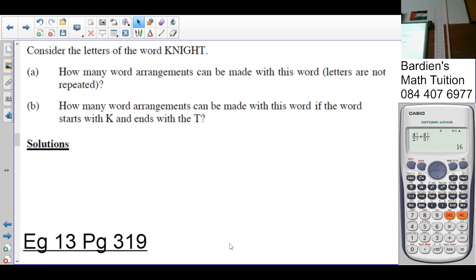Knight in shining armor, no? Right. Consider the letters from the word night. How many word arrangements can be made with the word? Letters are not repeated.